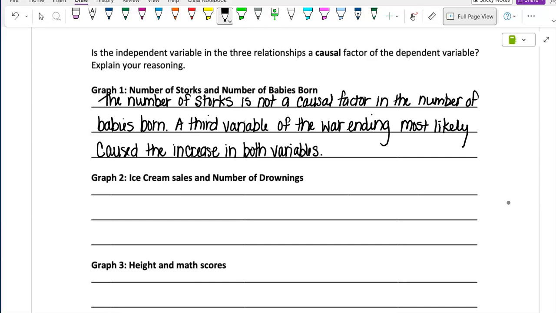So again, correlation does not imply causation. We're seeing this here where we have some variables that had a relationship. They were both increasing. It was a positive correlation, but one did not cause the other to occur.